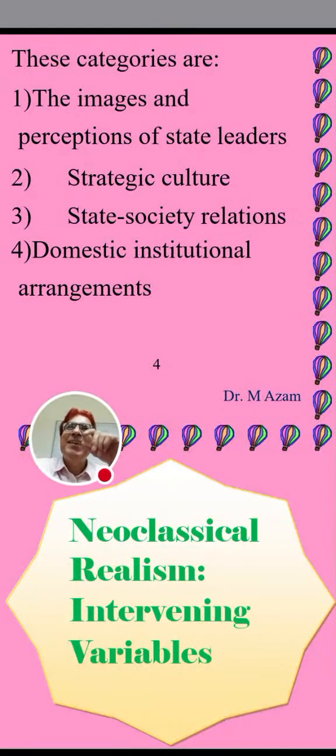No, their image is likely to be different. Similarly, an Indian is likely to have a different image of these entities. So different people have different images of international actors.